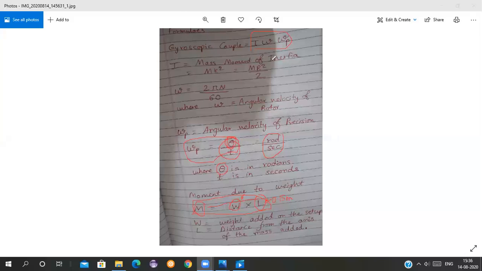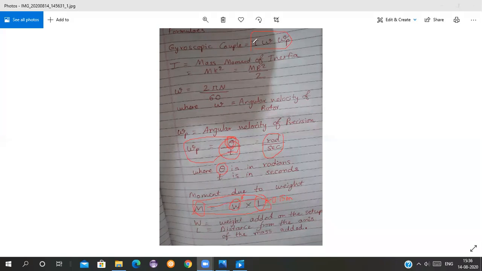So there are some errors. Toshid Momin has also got the answer 1.4715. Very good. There are some errors because of which there is a change in the values. These are errors due to noting the values, that is, when we note the angular velocity of precession, theta and time, there can be some errors.